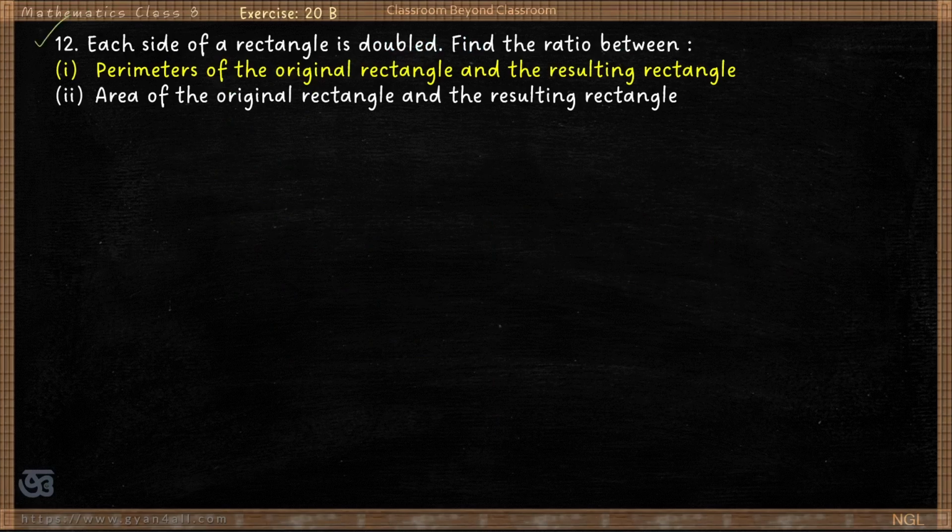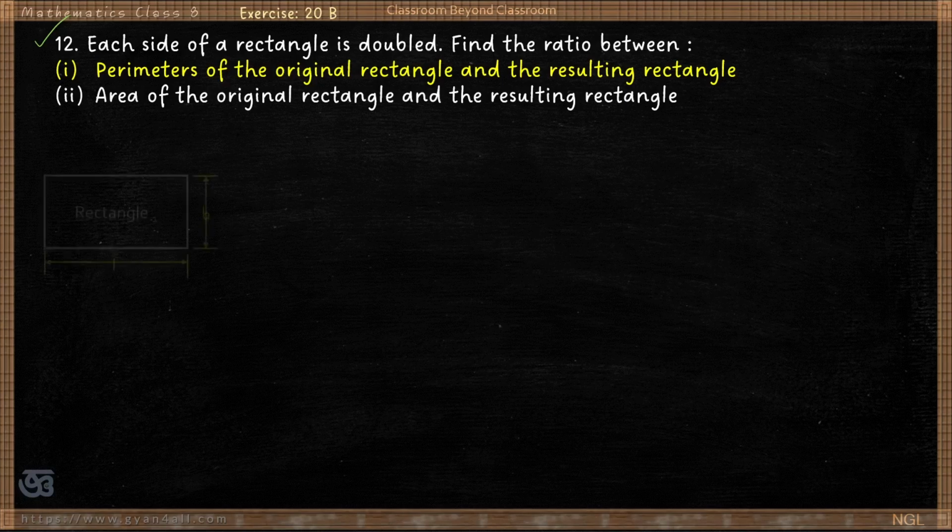Question number 12. Each side of a rectangle is doubled. Find the ratio between the perimeter of the original rectangle and the resulting rectangle. Also, the ratio between the area of the original rectangle and the resulting rectangle.